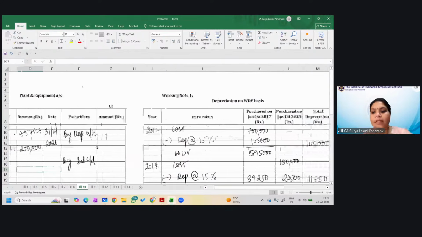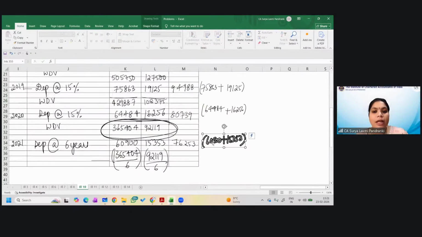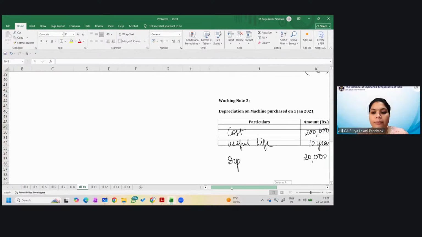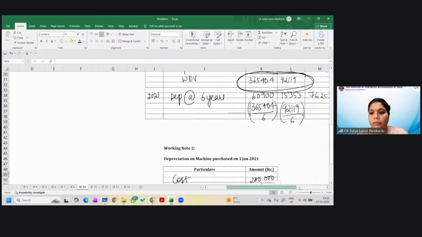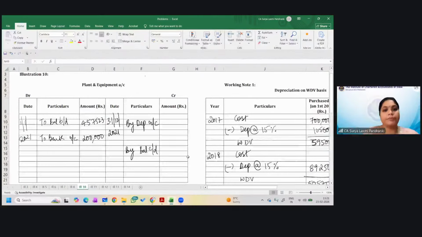Now, what is the depreciation? Depreciation for two machines is 60,900 plus 15,353, which is 76,253. And the new machine is 20,000. So both these have to be taken. 76,253 plus 20,000, which is nothing but 96,253.